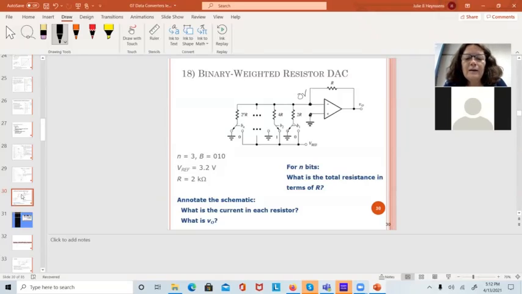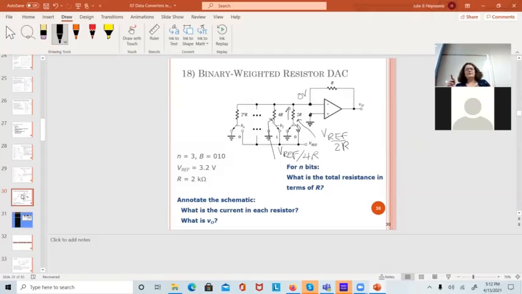If I tie the switch instead to VREF, then the current going through that resistor is going to be VREF minus 0 over 2R. So this one could contribute VREF over 2R. This bit right here, if it gets turned on to VREF, will contribute VREF over 4R.